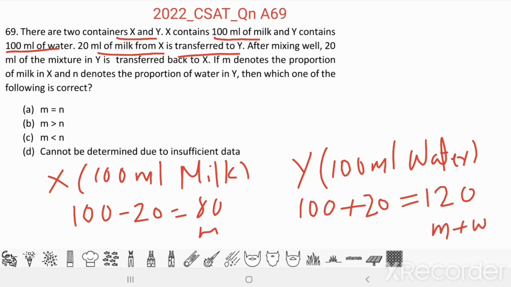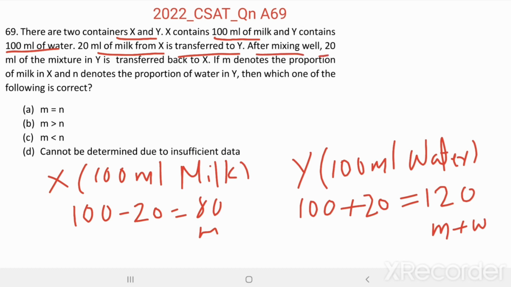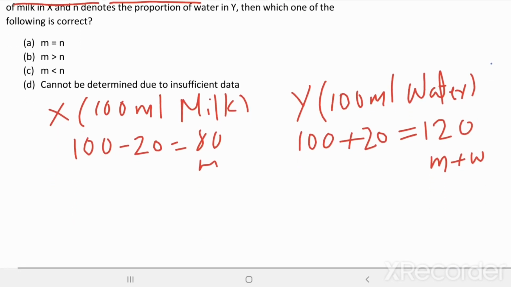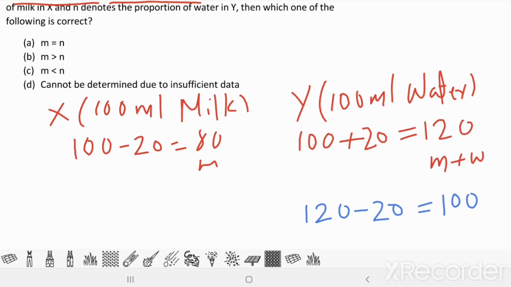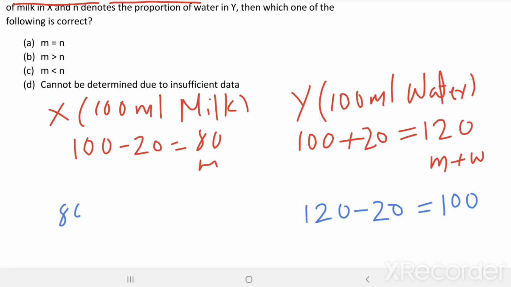Then after mixing well, 20 ml of the mixture in Y is transferred back to X. From this 120 ml of the mixture, 20 ml is transferred to X. Then in Y, 100 ml will be remaining. In X, 80 plus 20 ml of water plus milk, we get 100 ml.